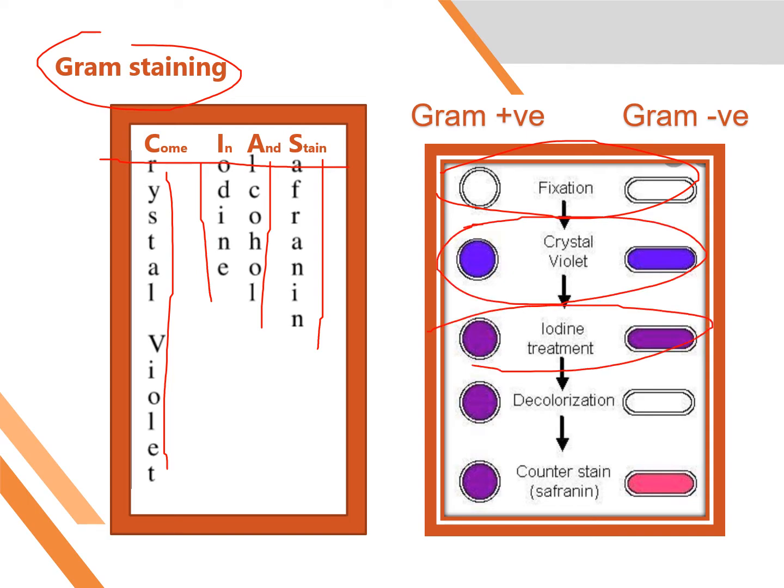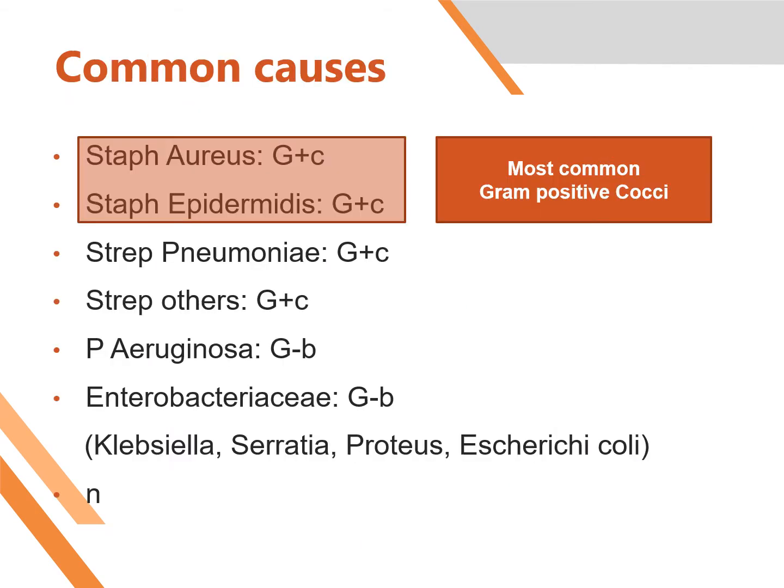Then the iodine treatment, then the decolorization with the alcohol, and then the counterstain with the safranin. If the bacteria take the safranin stain, they are called gram-negative, and if they retain the original crystal violet stain, they are called gram-positive. So that's how we divide bacteria into gram-positive and gram-negative.